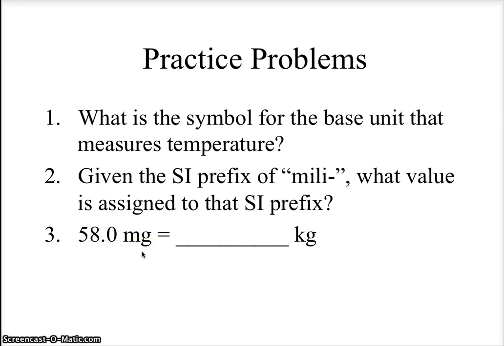So how we'll do that is we'll have to move decimal values. Of course I'm going to verbally explain this to you. Milli has an exponential value of 10 to the negative 3. Kilo has an exponential value of 10 to the positive 3. So the difference between negative 3 in milli and positive 3 in kilo is a total of 6 decimal places.